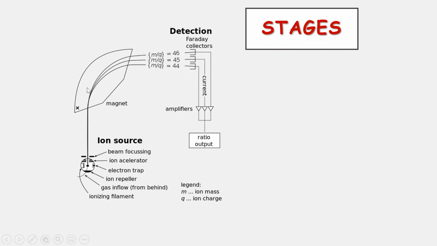You should also note, even from this diagram, that your heaviest massed particles get deflected the least, because it requires more force to deflect something that's heavier. And so that's why your lightest particle, the one that has a mass of 44, gets deflected the most in this particular process.